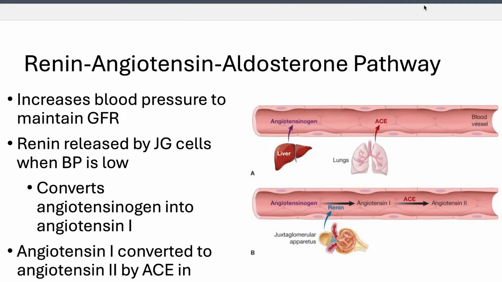Renin is released by juxtaglomerular cells when blood pressure is low, which converts angiotensinogen into angiotensin 1. Angiotensin 1 is converted to angiotensin 2 by the ACE in the lungs.